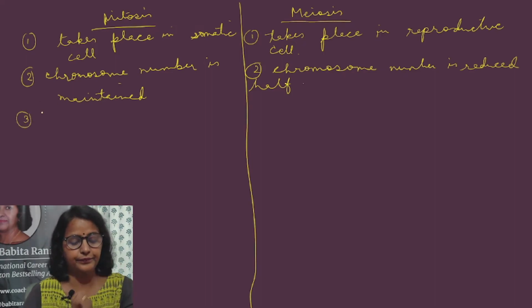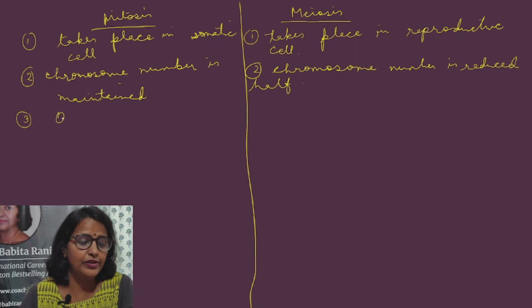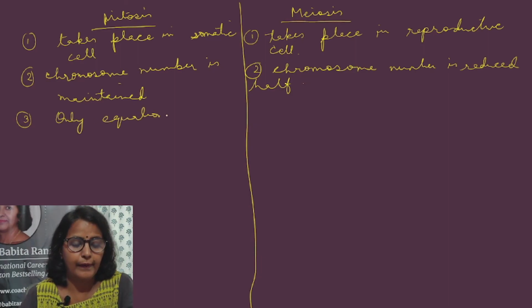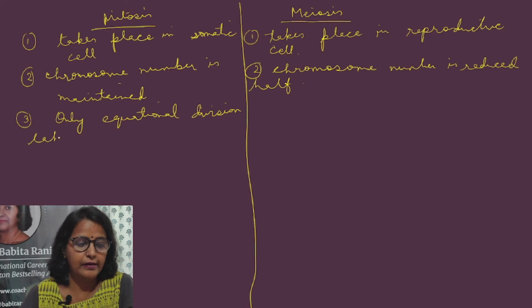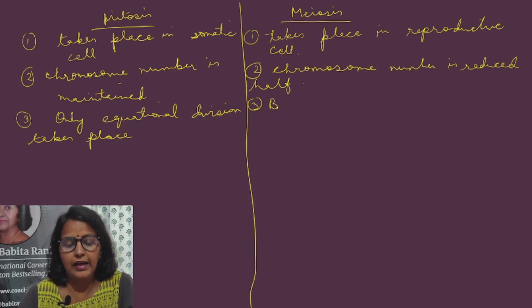Next, only equational division takes place in mitosis; in meiosis both equational and reductional division take place.